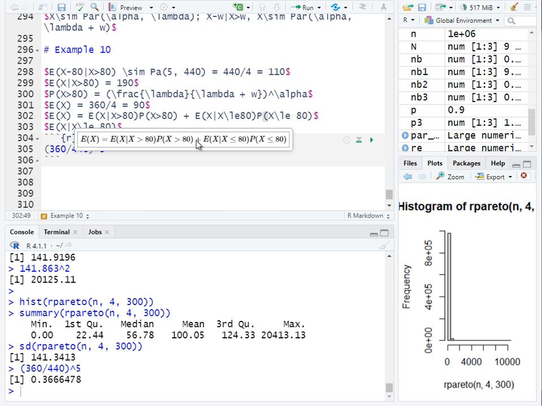We must substitute the values that we have just defined. First of all, we know that the Ex value is 90, which we have just derived. Then we know that the probability is 0.36. We also know Ex given that x is more than 80, this is 190. We also know the probability of x less than or equal to 80, and we can find it from the value where x is larger than 80, which is 0.36.